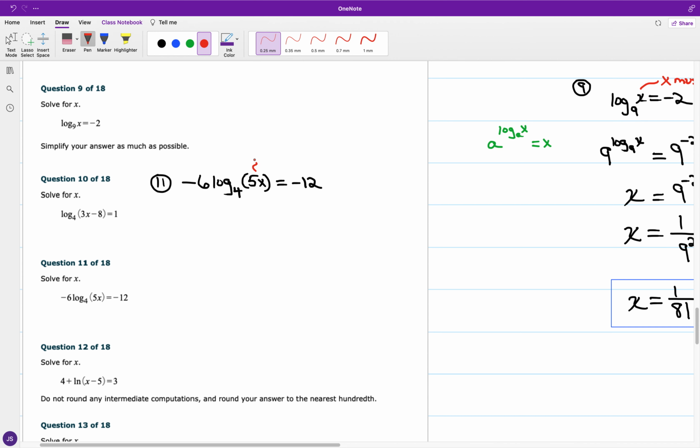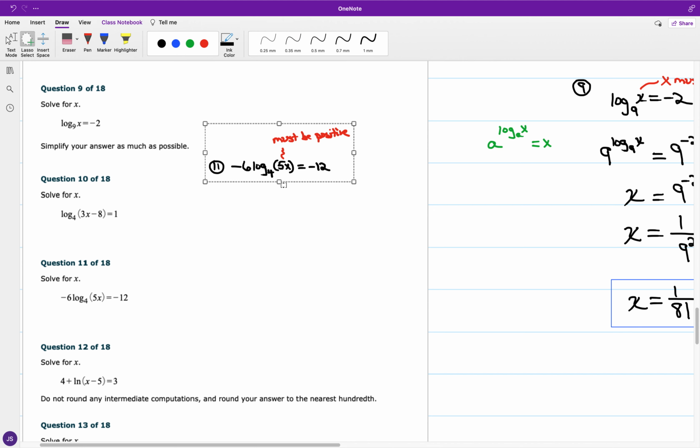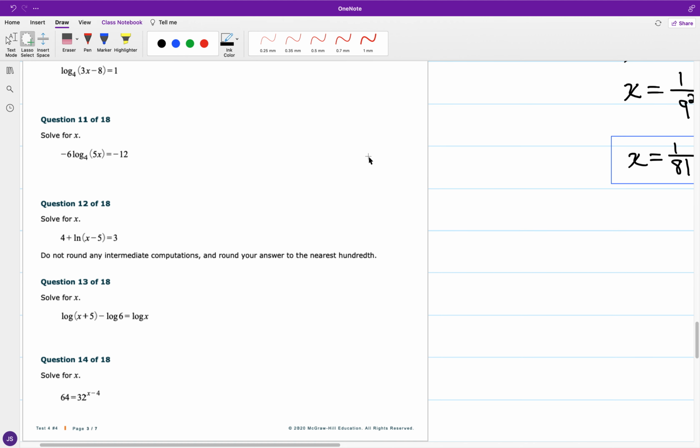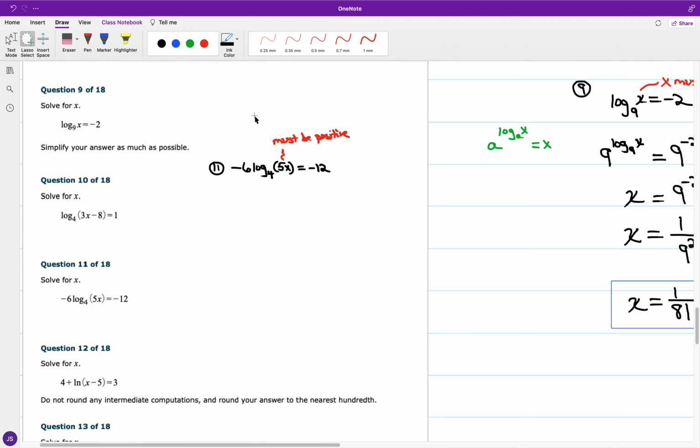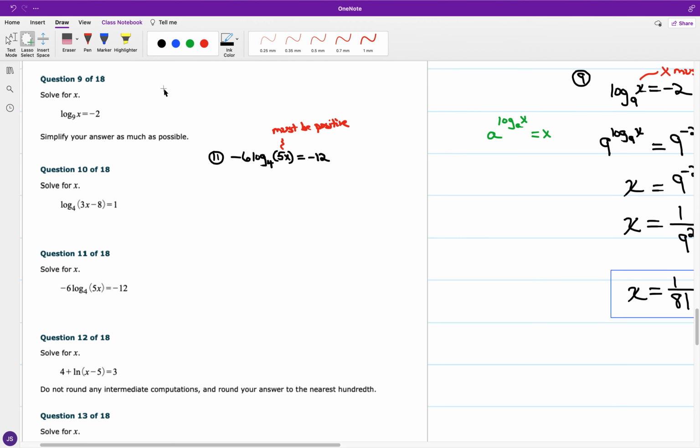And whatever I get for x, it must ensure that the argument 5x be positive. What we can do here is simplify this equation, and with the coefficient negative 6 at the front, I can divide both sides of the equation by negative 6.